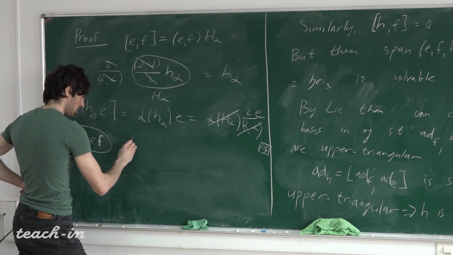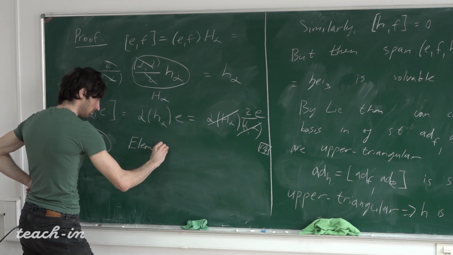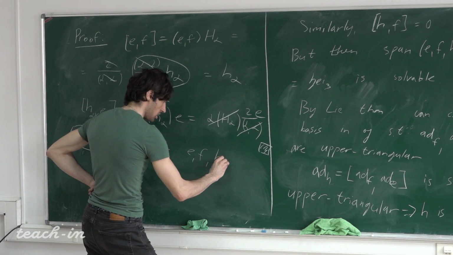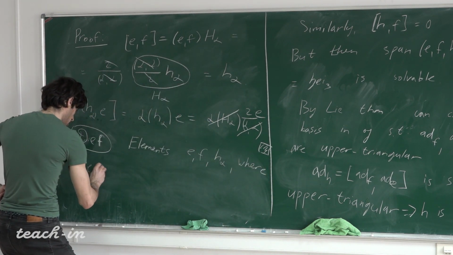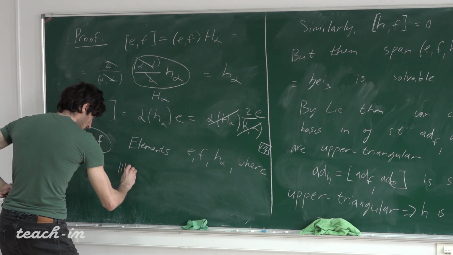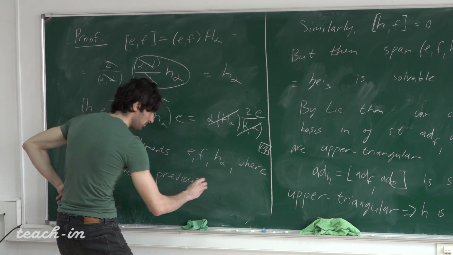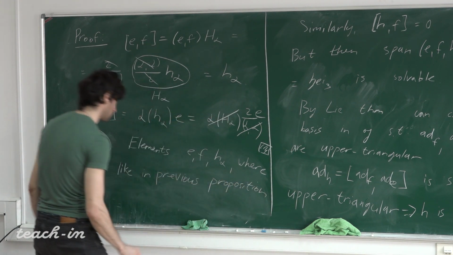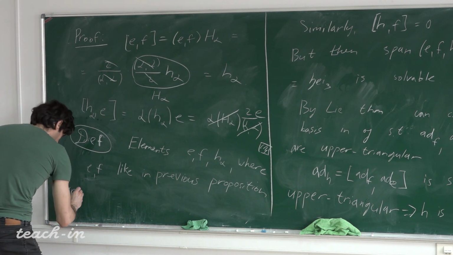Elements E and F and H alpha, where E and F, like in the previous proposition, are called an SL2 triple.